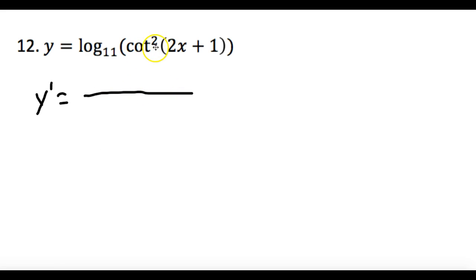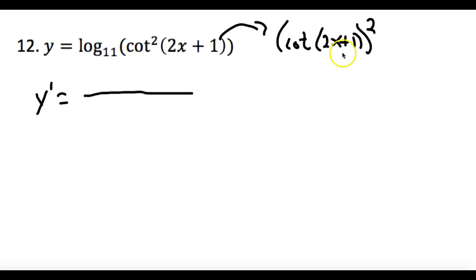So the derivative of the inside, okay, well, if I'm looking at this inside here, I'm just going to rewrite this inside over here like this. So we've got cotangent of 2x plus 1 squared, right? If we write it like that, it's a lot easier to see the layers, okay? And we can see that this square is the outermost layer.